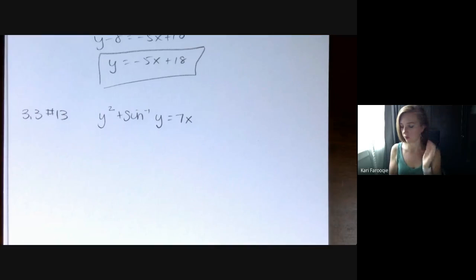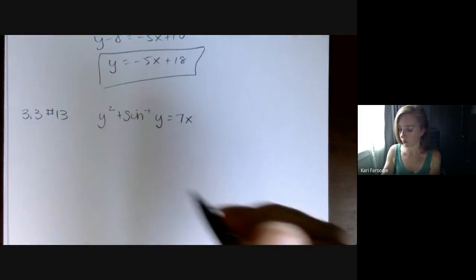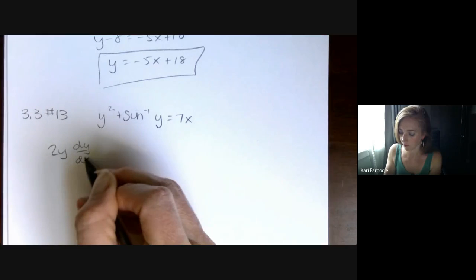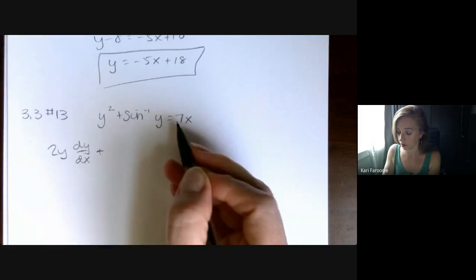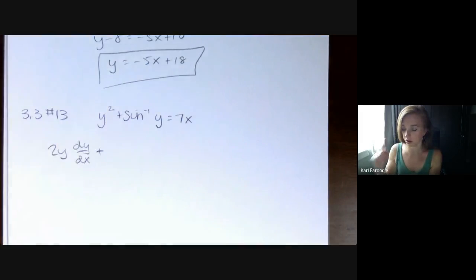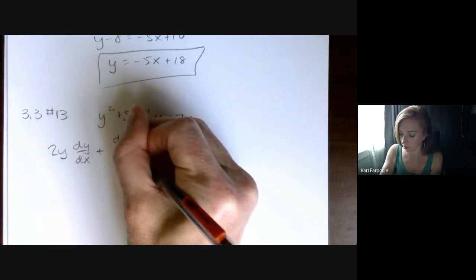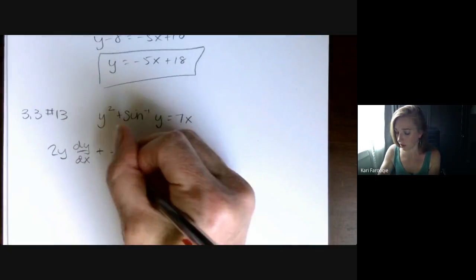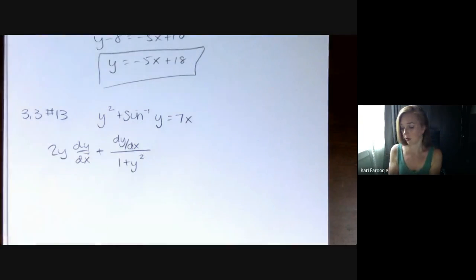All right, let's see if we can figure it out. Okay, so we're just finding dy/dx. So let's see, we'll have 2y dy/dx plus. Now the derivative for the inverse sine of y is going to be u prime, so the derivative of y in this case, which is dy/dx, divided by 1 plus u squared, which in this case is 1 plus y squared.